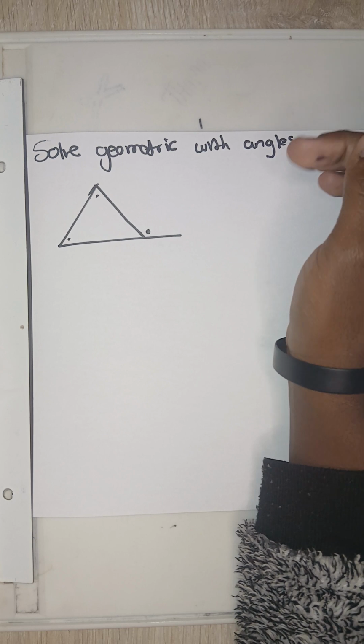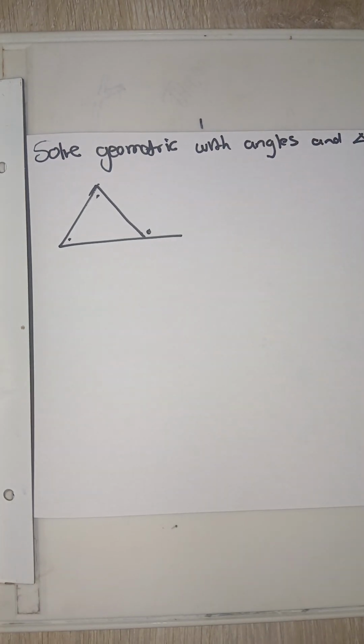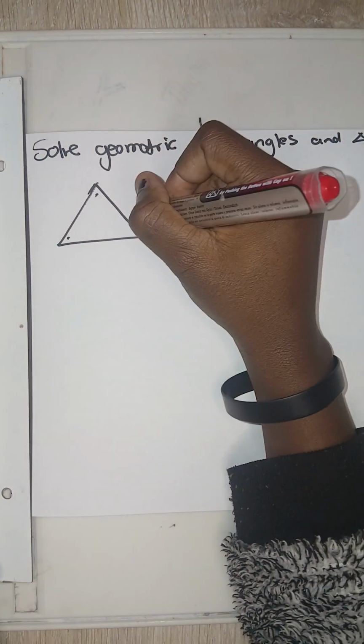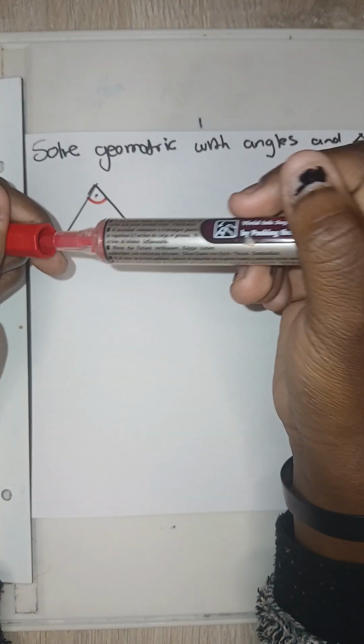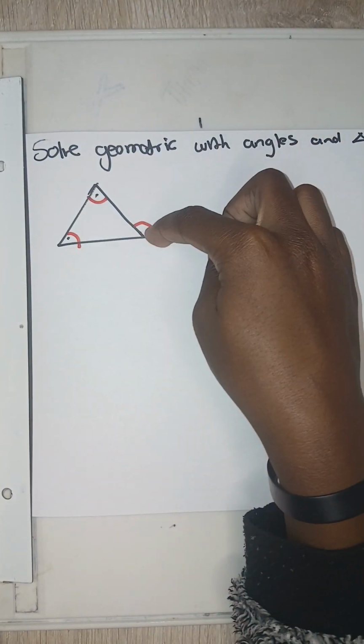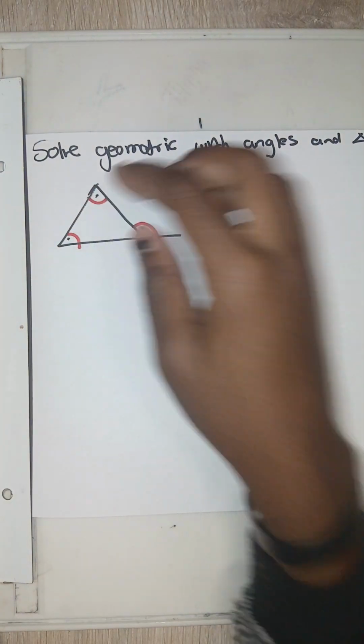What do I mean by that? When I say an exterior angle of a triangle is equal to the two opposite interior angles, it means this angle over here is equal to this angle plus this angle.